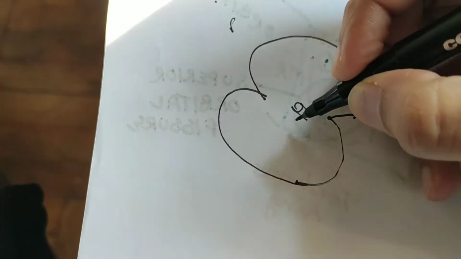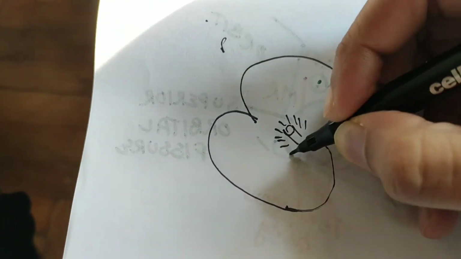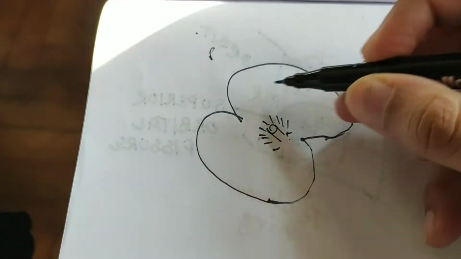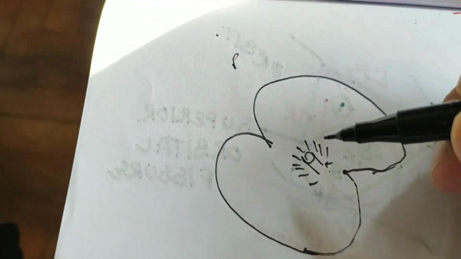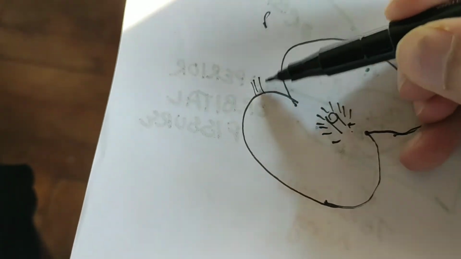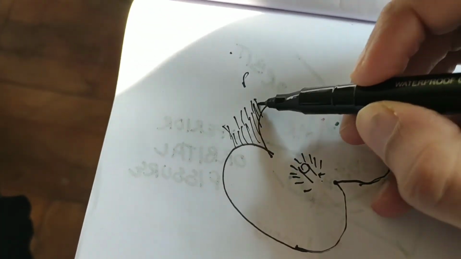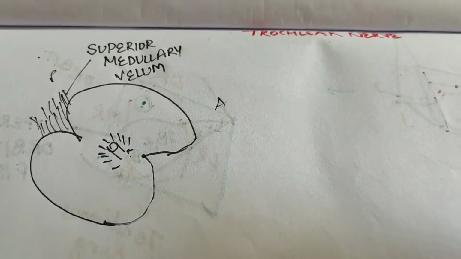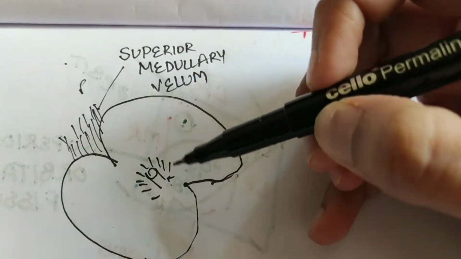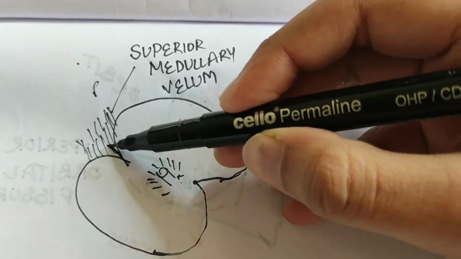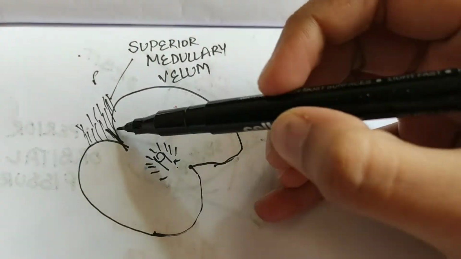Around it is the periaqueductal gray matter. Here it's a white matter, that is the superior medullary velum. There is a ridge over here.